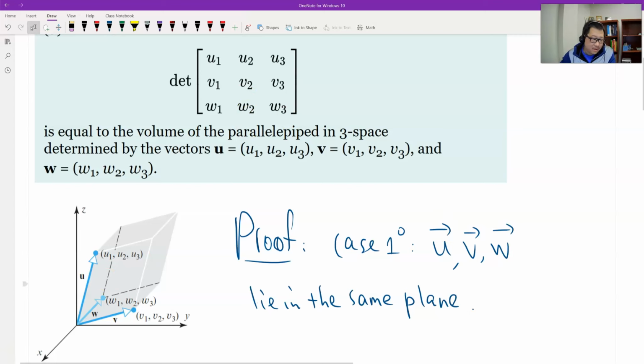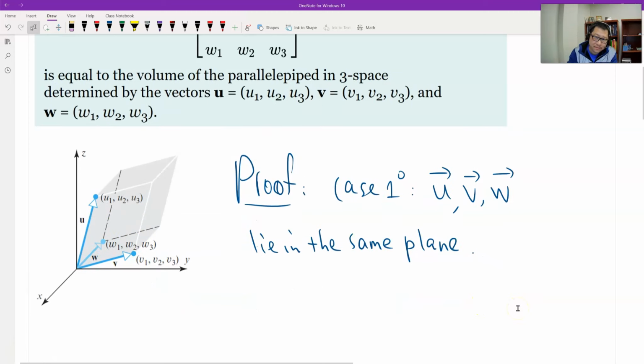What does it mean? For example, if V and W are non-collinear, then V and W form a plane, and then another vector U falls in the same plane. We learned this before, right?